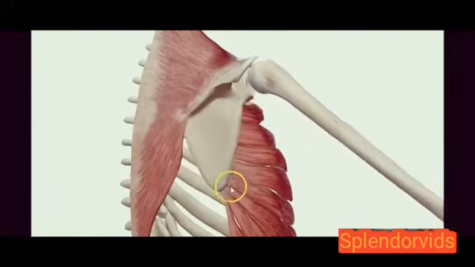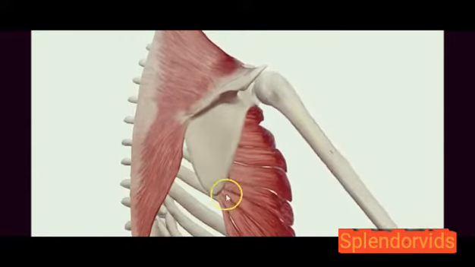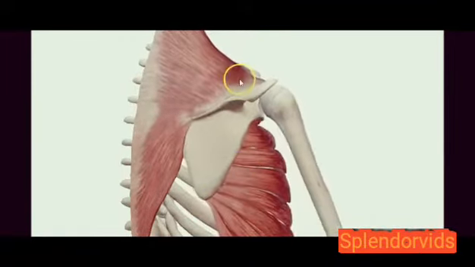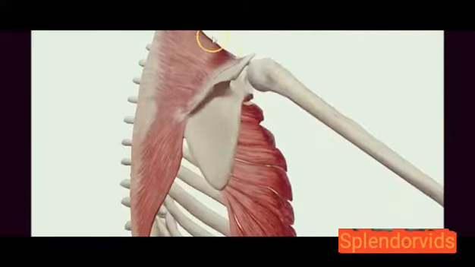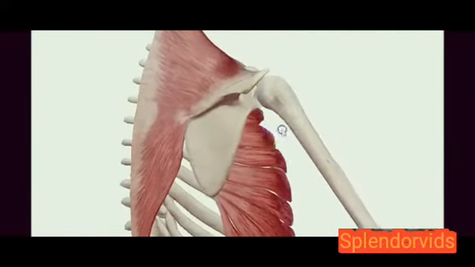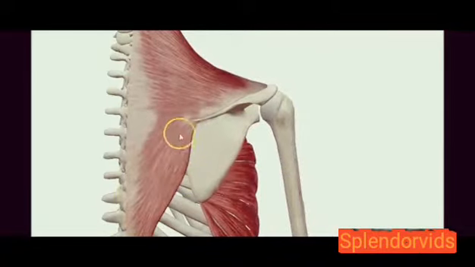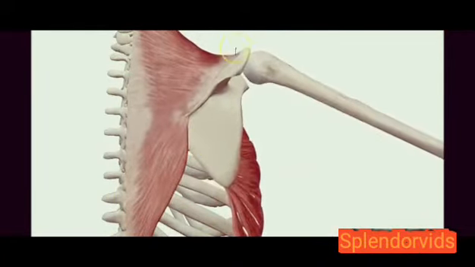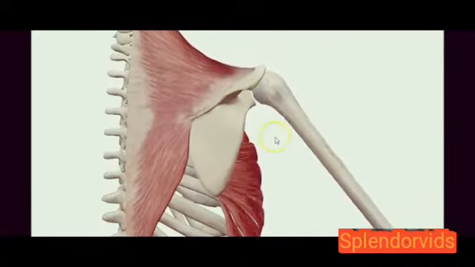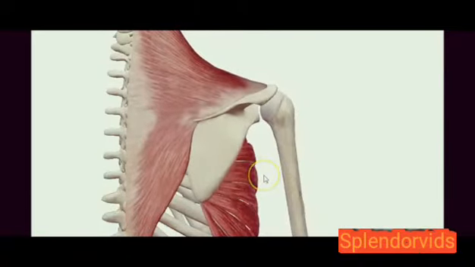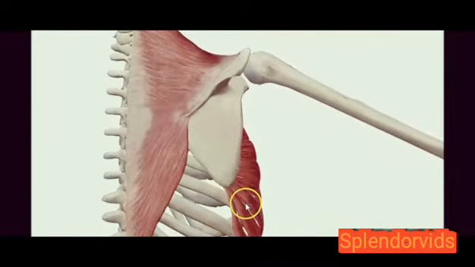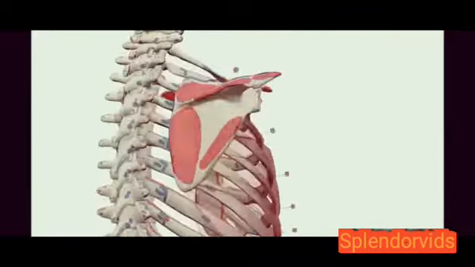If you see, the lower 5 digits of serratus anterior will contract like this, with the help of upper fibers of trapezius that will contract like this, and lower fibers of trapezius that will contract downwards like this. So the end result will be upward rotation of the scapula, which is done by upper and lower fibers of trapezius with lower 5 digits of serratus anterior.